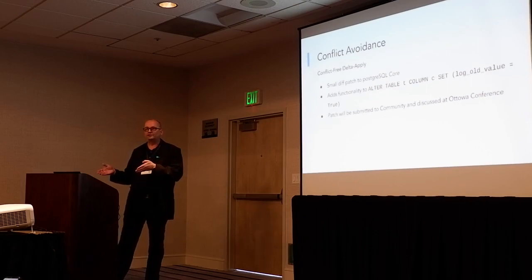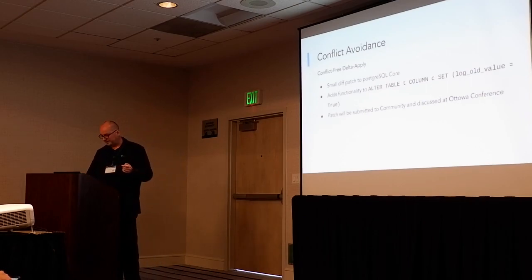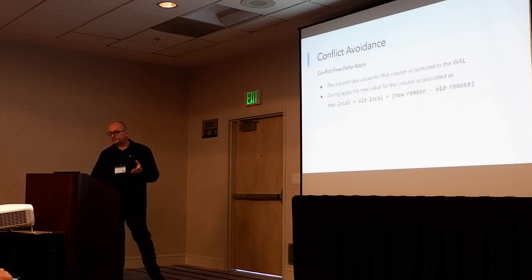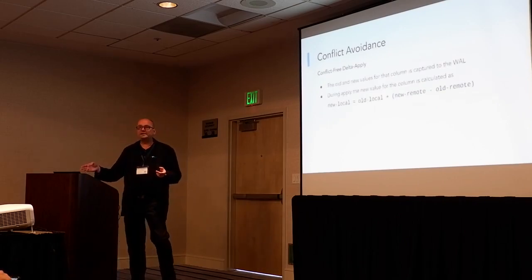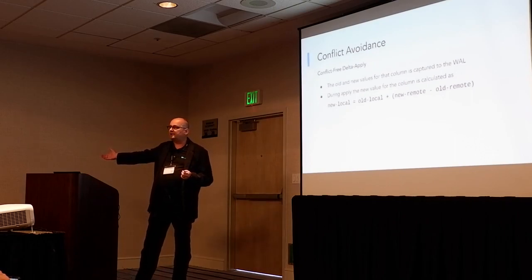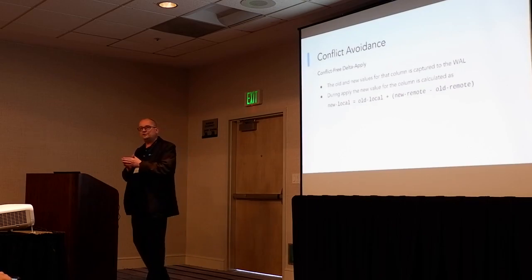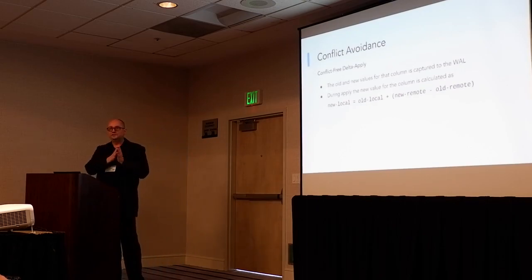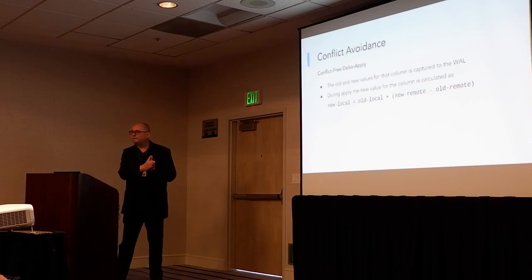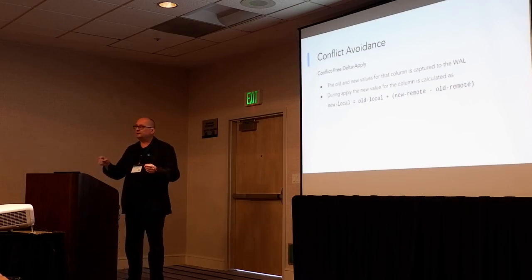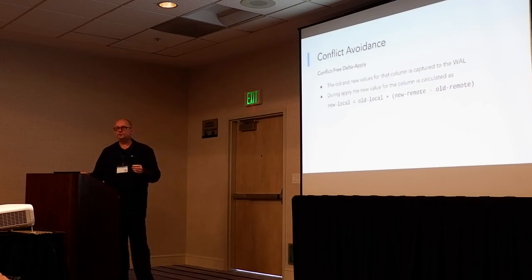And that way, I can do what conflict-free replicated data types are doing, which is, since I now have, on the receiver side, the old and new value of the transaction's origin available, I can let the apply worker calculate a new value as the old local value plus the delta that has happened on the transaction's origin. And that gets me to the right answer.